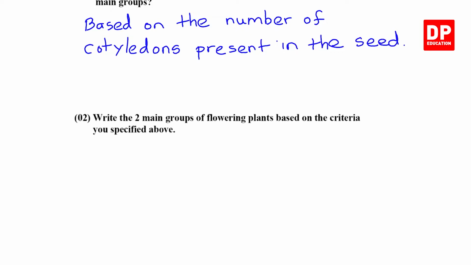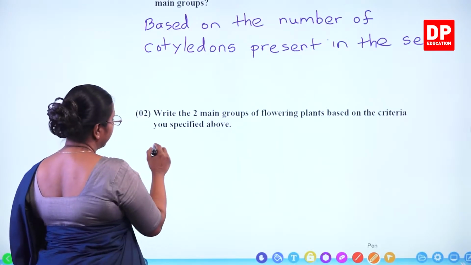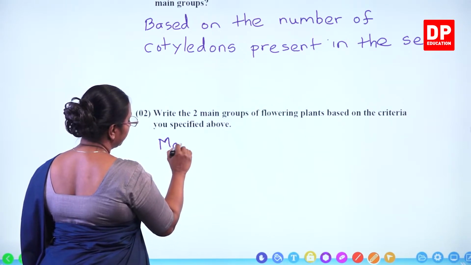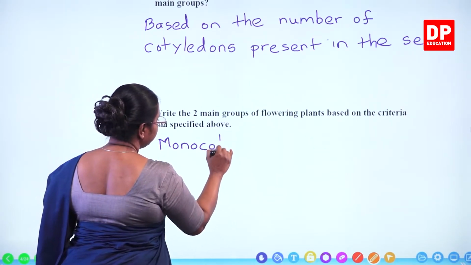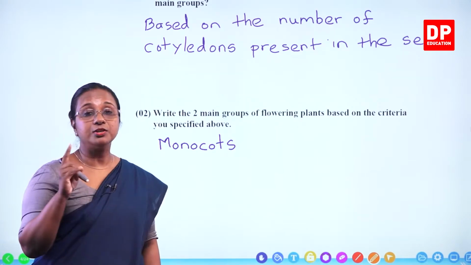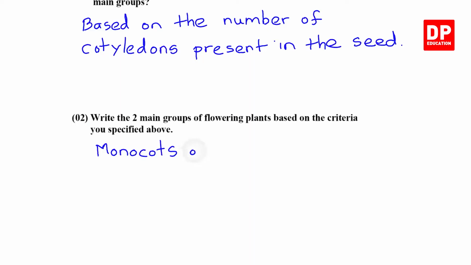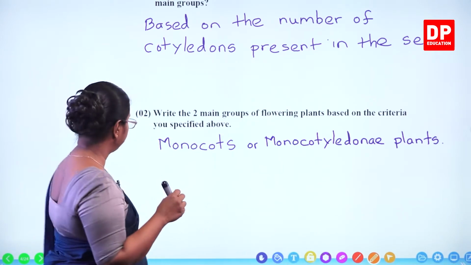Part 2. Write the two main groups of flowering plants based on the criteria you specified above. So we can call them monocots if there is only one cotyledon, or monocotyledonous plants.